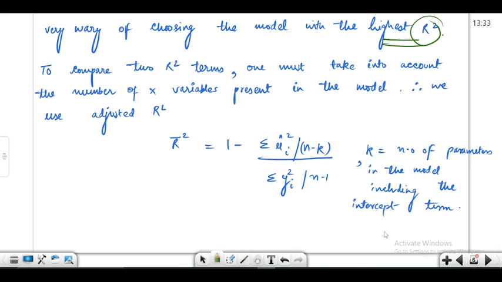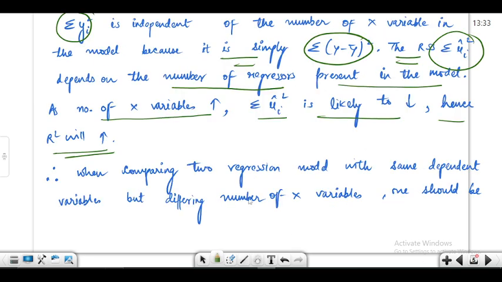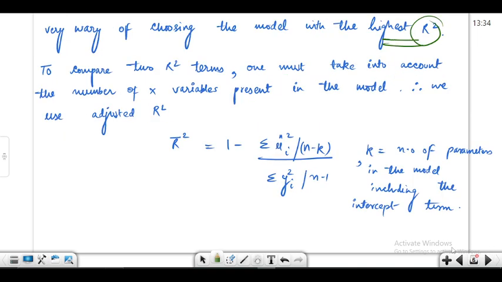So let me just repeat the sentence. Therefore, when comparing two regression models with the same dependent variable but differing number of x variables, one should be wary of choosing the model with the highest R square, right? Because a higher R square implies more explanation of the variation in the Y variable, and it also means that more regressors are being added.